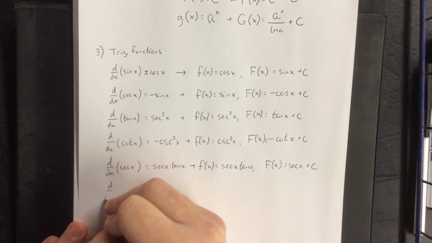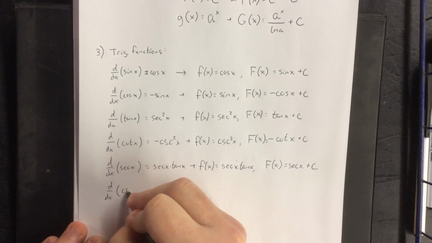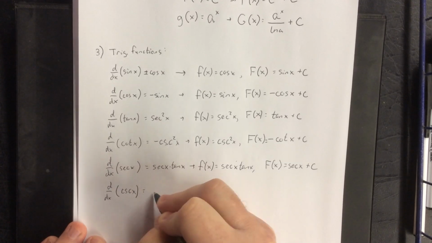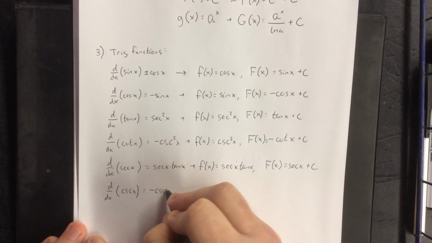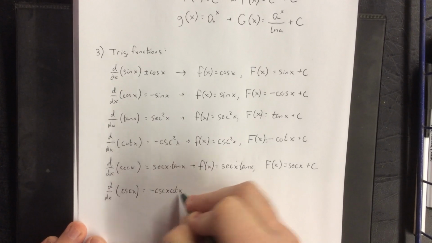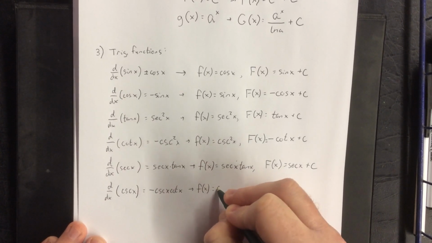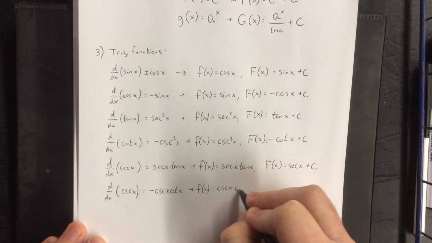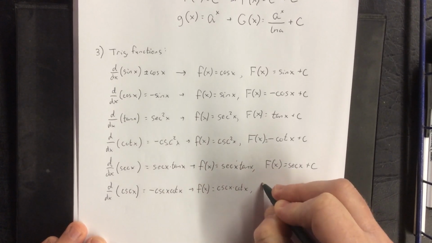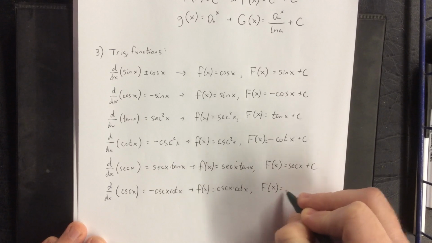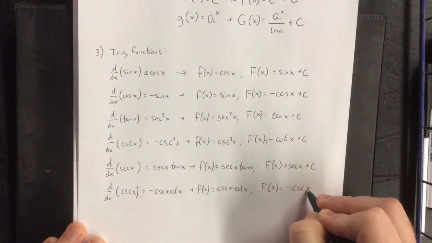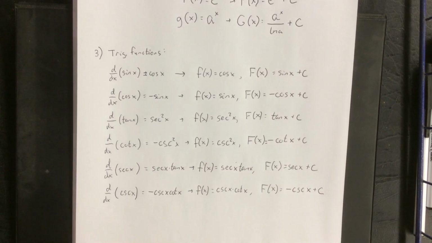And finally, the derivative of the cosecant of x is equal to the negative cosecant of x cotangent of x. So if I give you a function that is the cosecant of x times the cotangent of x, the antiderivative is going to be equal to the negative cosecant of x plus a constant.